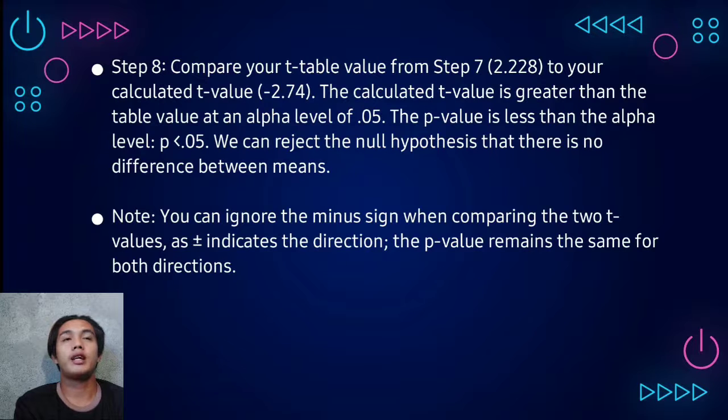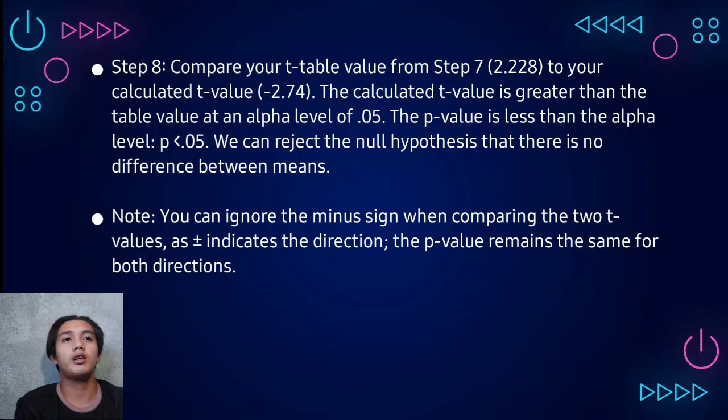So, bali i-interpret lang natin sila kung alin yung mas malaki. The calculated T value is greater than the table value at an alpha level of 0.05. Ibig sabihin, mas malaki yung na-compute natin dun sa formula ng t-test kesa dun sa value na nakuha natin dun sa table.